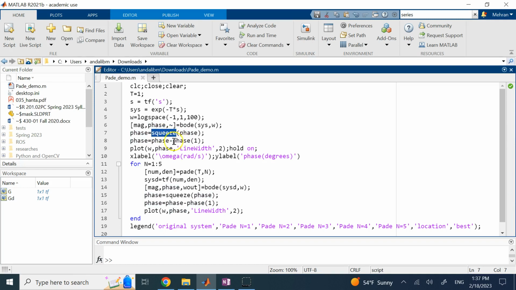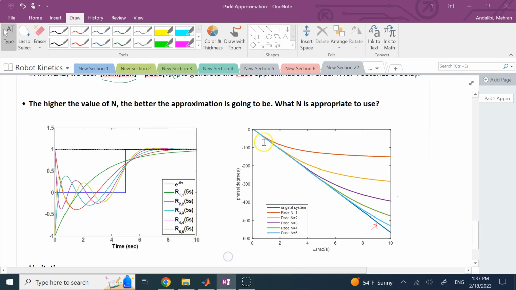The other thing is the initial phase, because of some numerical calculation inconsistencies, if you don't subtract the original phase from the phase and plot them, what you will see is that instead of all of these curves having the same value at very low frequencies, as the order goes up, the amount of phase keeps going up.